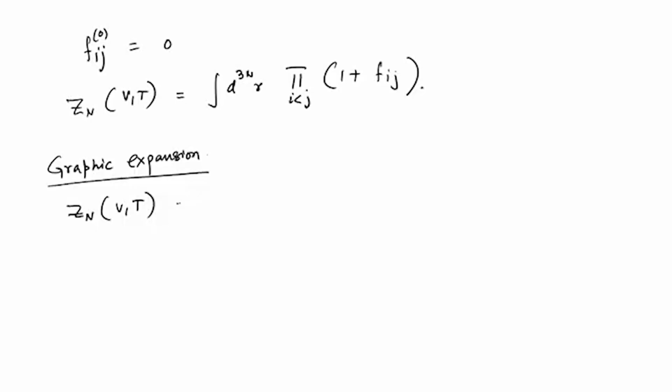So this is equal to the integral d to the power 3n r, and it is a sum over f_ij. We ignore these indices because they will all be there. So f_ij, and then there are terms such as f_ij f_kl and so on.